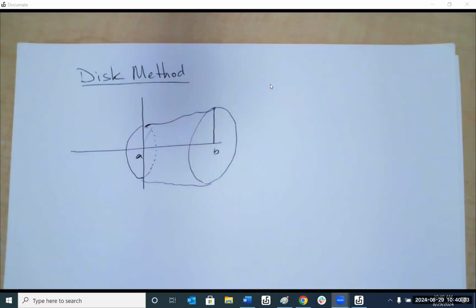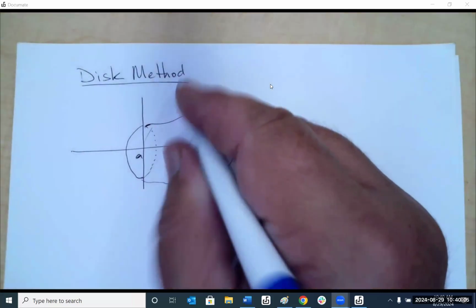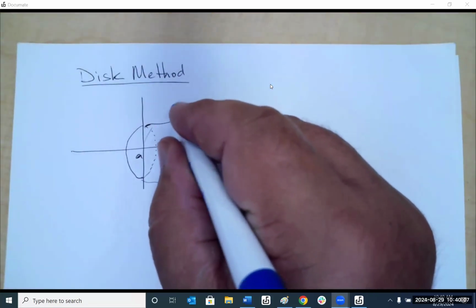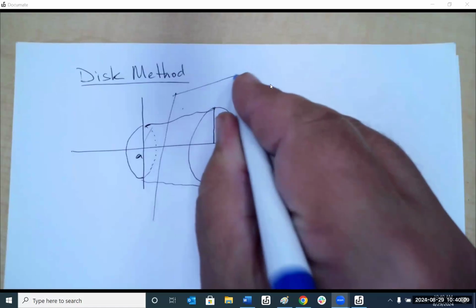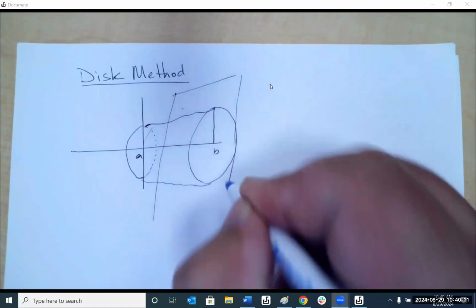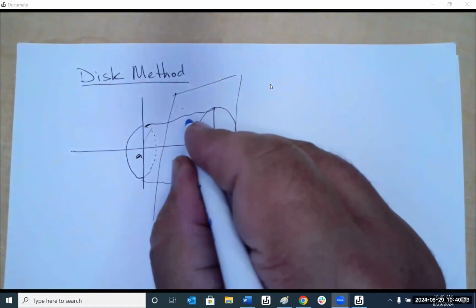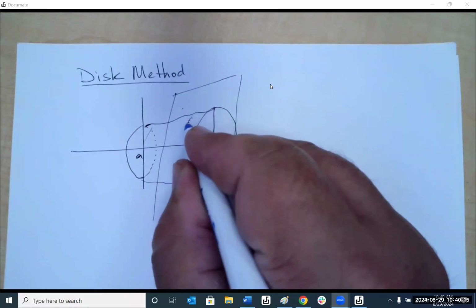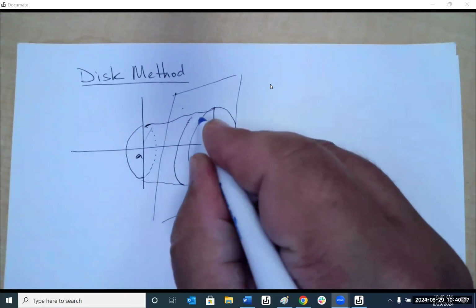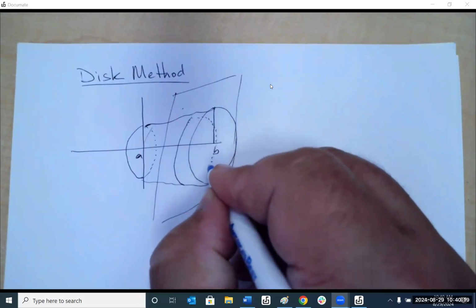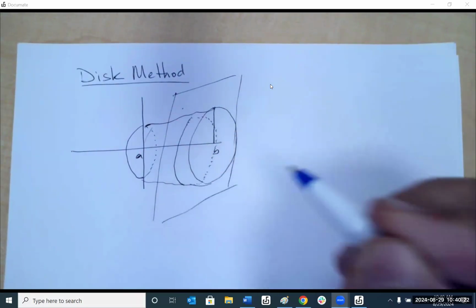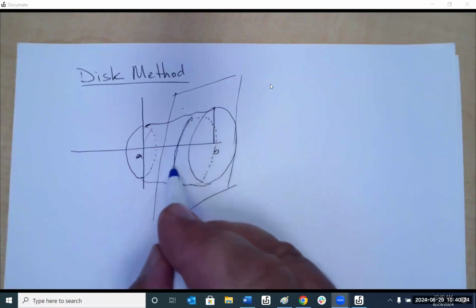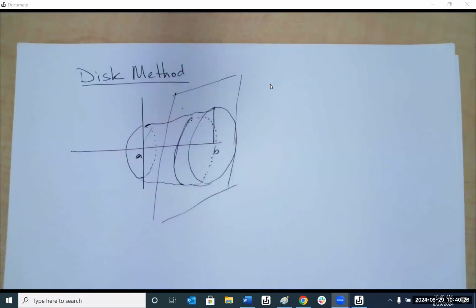This is the disk method. The reason it's called the disk method is because when we take these cross sections, we're just going to add up all these disks, the areas of these disks.